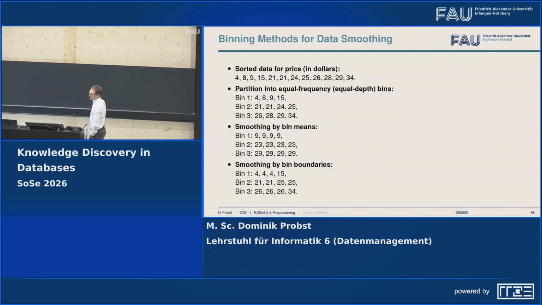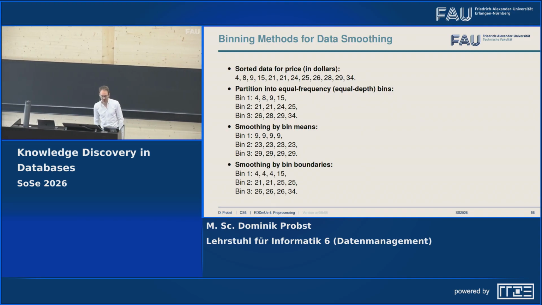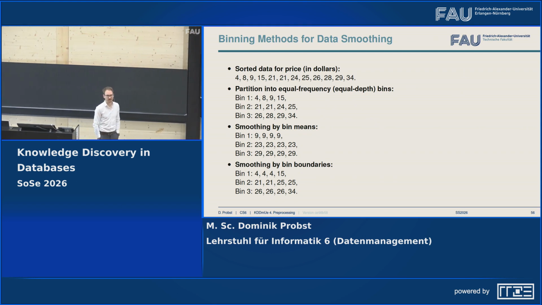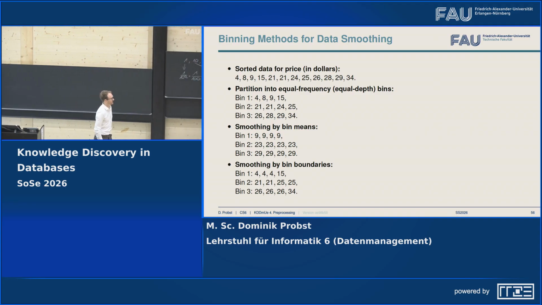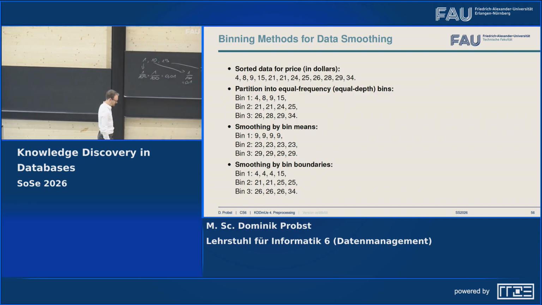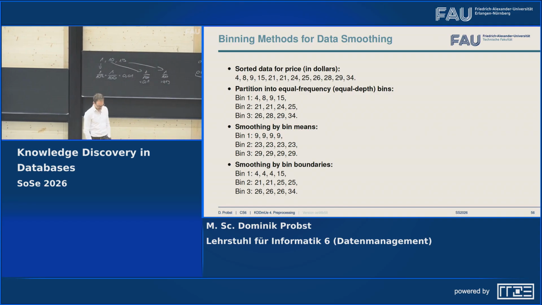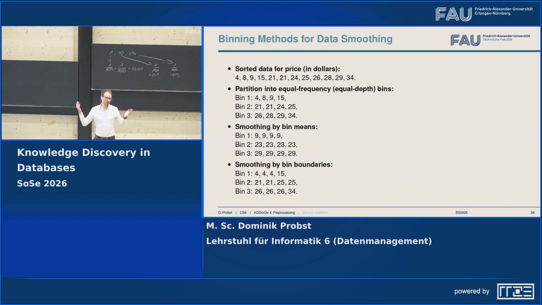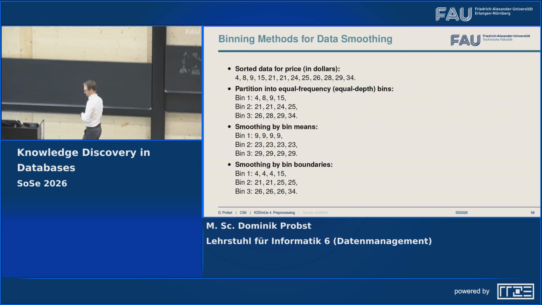I would say most often you would use bin means, but sometimes you would also use bin boundaries to better display differences within the bin. Histogram analysis is just the visual variant of that. So you could do the same, but visually, and then you are at the same place.